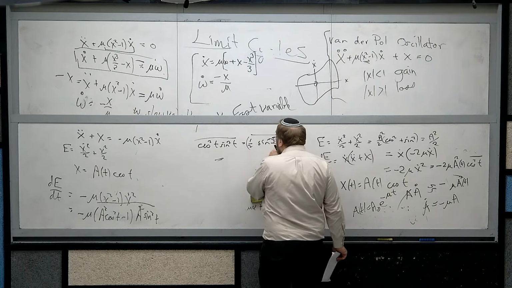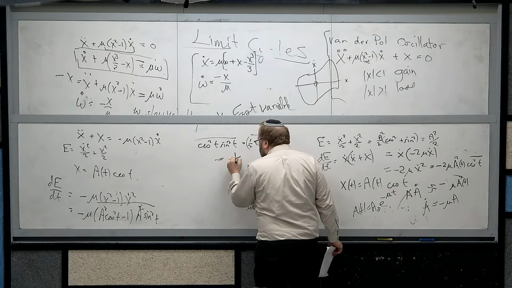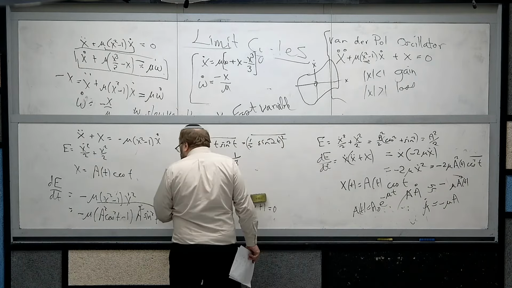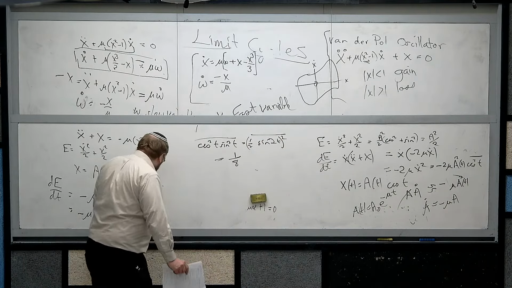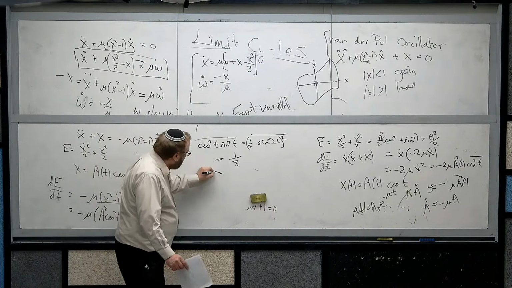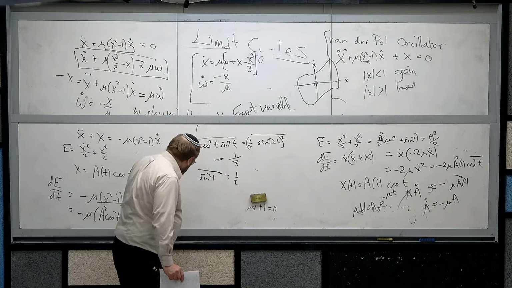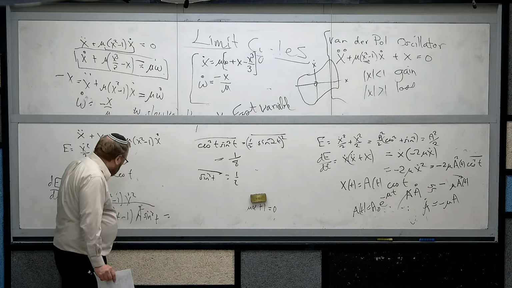So from here you get 1/2, from here you get 1/4, this is 1/8. And then the other term is just the average of sine squared t, times a half.